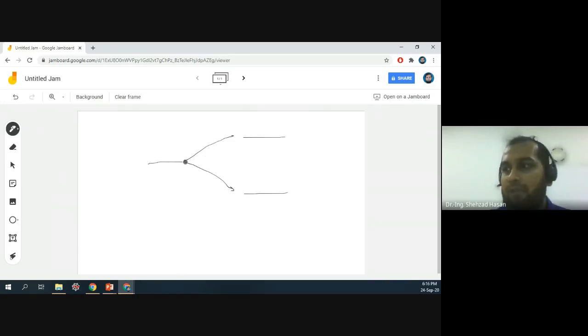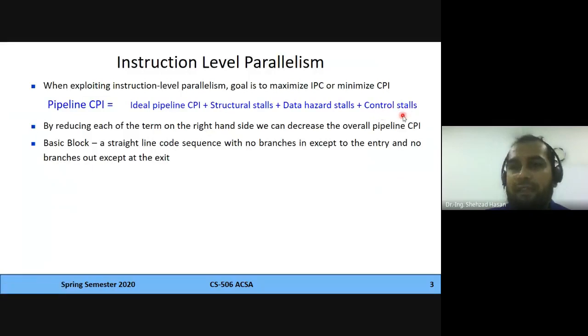So when you have a branch instruction, you don't know what the next instruction is. This means that you don't know what the next-to-next instruction would be, and so you have to stop, right? One way to reduce these kinds of control stalls is to try to predict what your next instruction should be, and try to execute those instructions ahead of time, right?